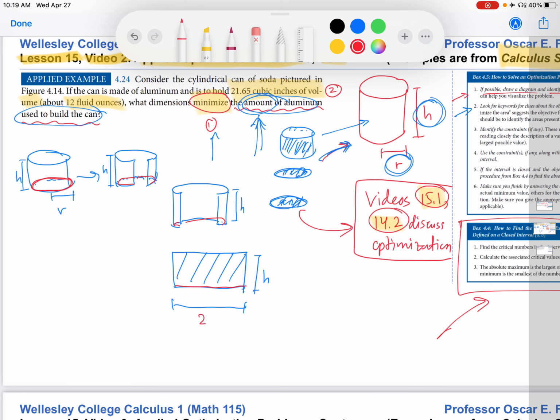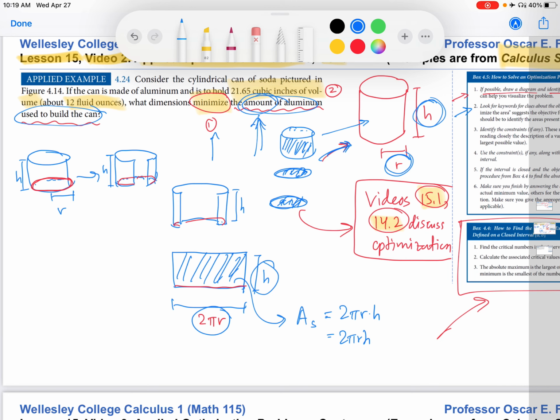So this distance is 2 pi r because that's the circumference of a circle of radius r. So in terms of the area, I can now say that the area A sub s, let's call this area of the side of the cylinder, equals 2 pi r times h. This times this, just a regular area of a rectangle. So 2 pi r h.